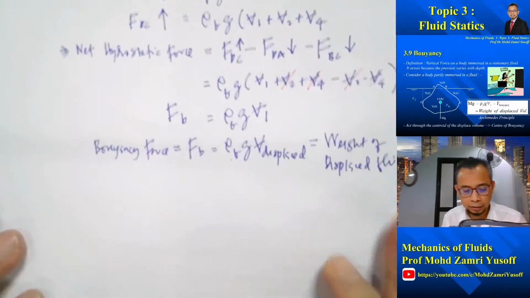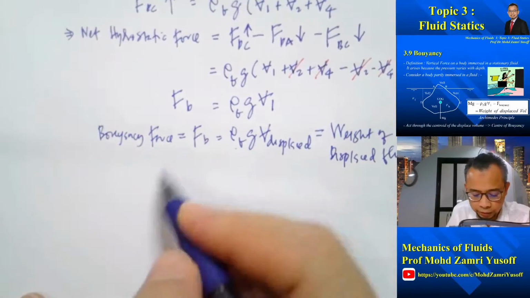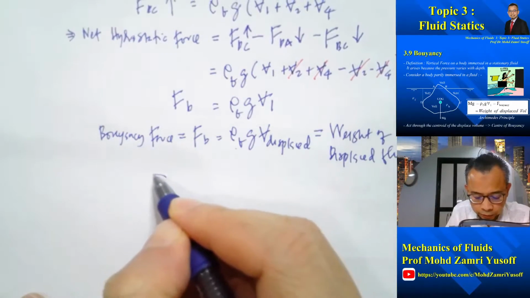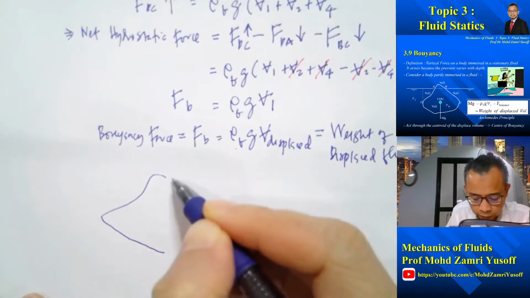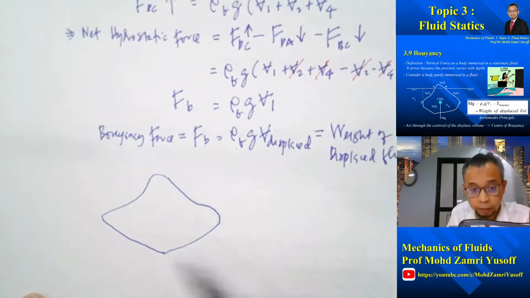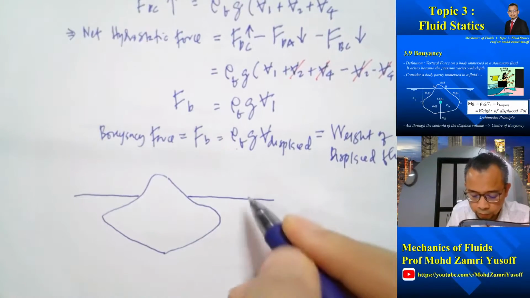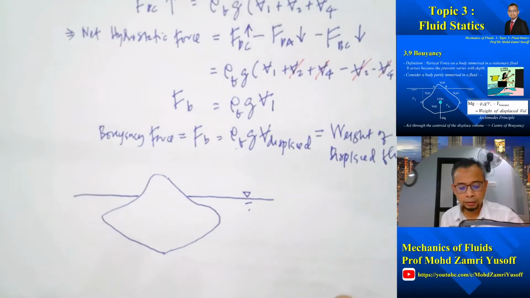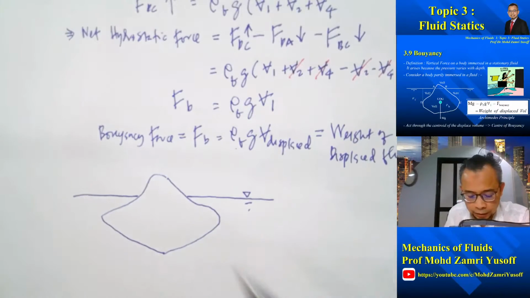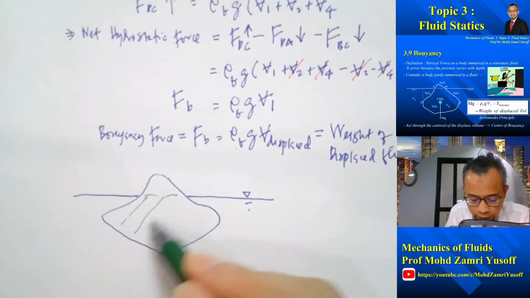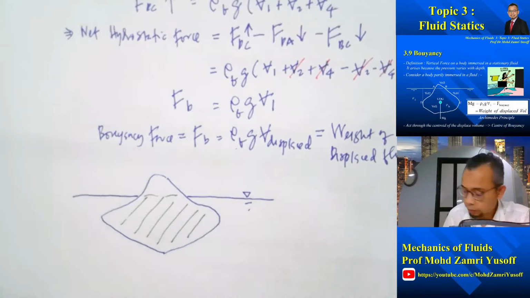So that means that if we have a body, let's say like that, so this is the water surface, and this is the displaced volume.